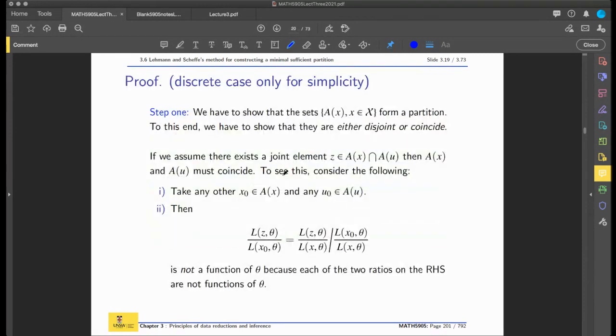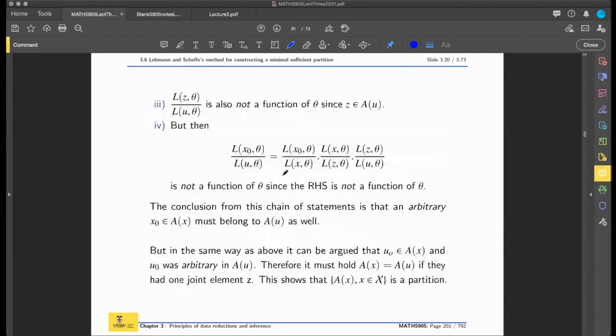Okay, so the proof is given in the notes. I'm going to bypass the proof because it is quite subtle and a little bit elegant, and we're sort of pressed for a bit of time, so it's in the notes for the discrete case only. And if you want to have a look at going through this proof, you can ask some questions on it later, but for the sake of this course, I'm not going to examine it nor go through it during the lecture.